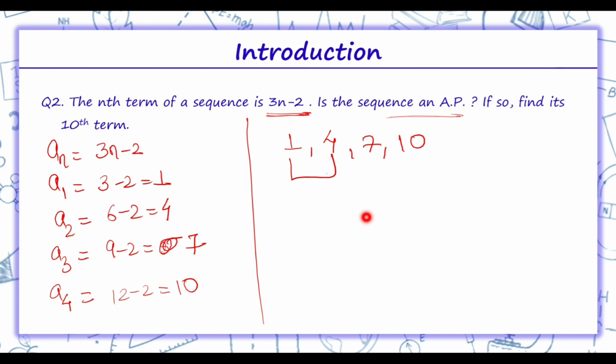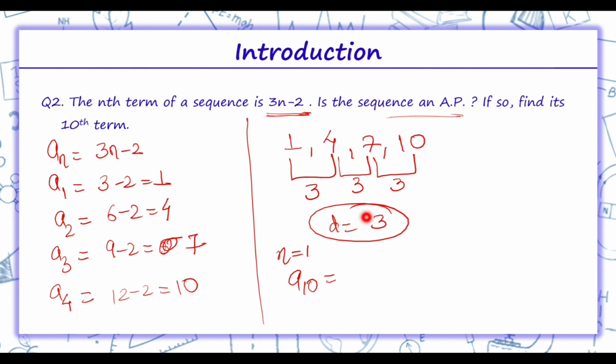Over here, second term minus first term is 3, third term minus second term is 3, fourth term minus third term is 3. Since the difference is same, therefore the given sequence is in AP. Now we have to find its 10th term. So in place of n we will write 10, and we will get its 10th term. So we'll get 3 into 10 minus 2, that is 30 minus 2, which is 28.